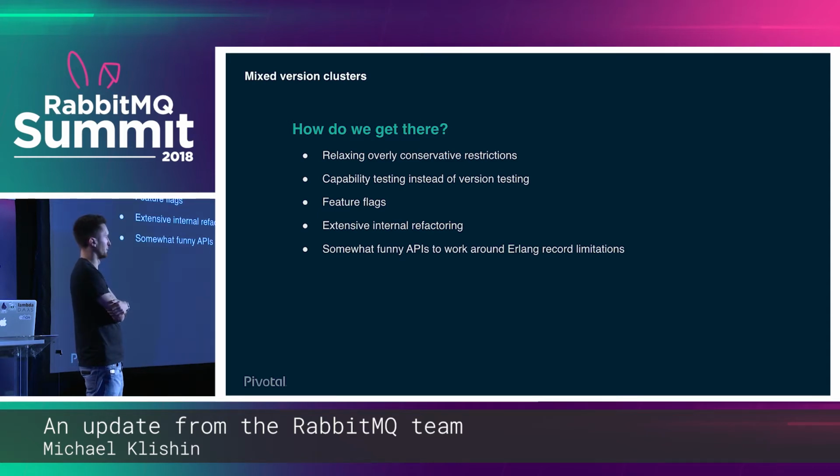And we hope that, it almost seems to be too good to be true. So maybe that's all we have to do to enable this. Our internal APIs become pretty funny if you're familiar with Erlang, because Erlang records are actually a nightmare when it comes to version compatibility.